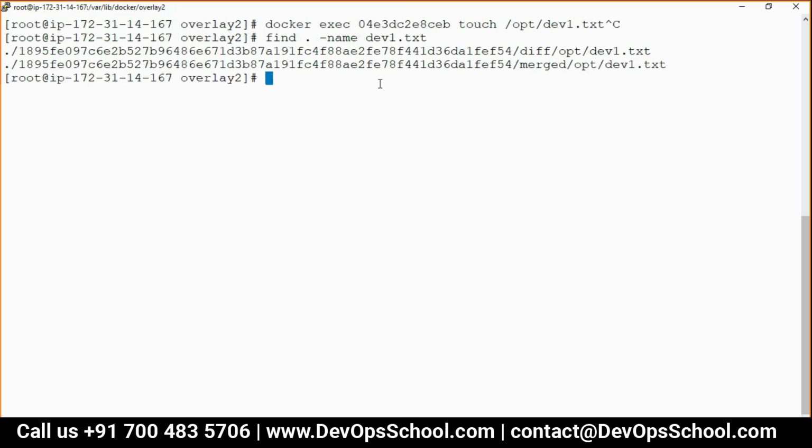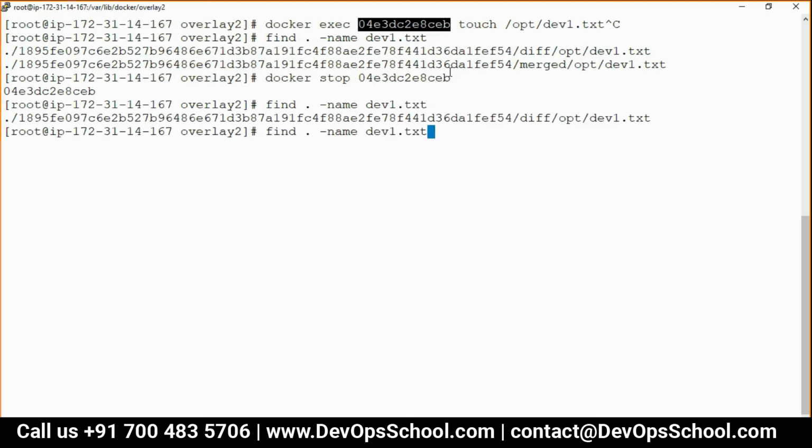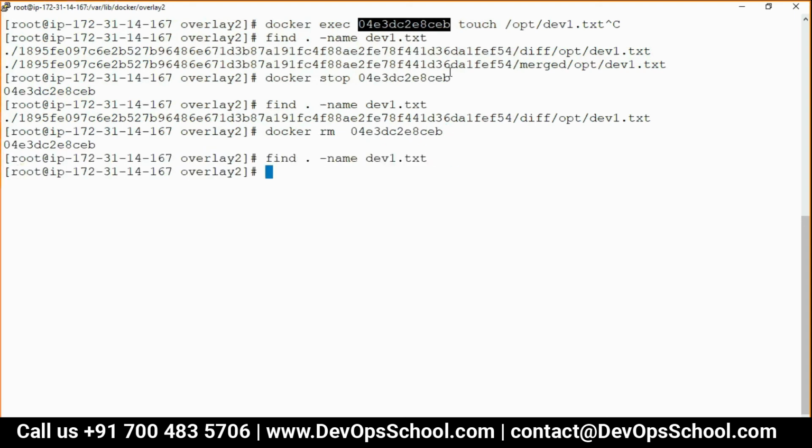I don't care right now. I care that the data which I am having is here, right now one, and if I remove the container, the data is gone. Container is gone, data is gone, and we are solving that problem through volumes.